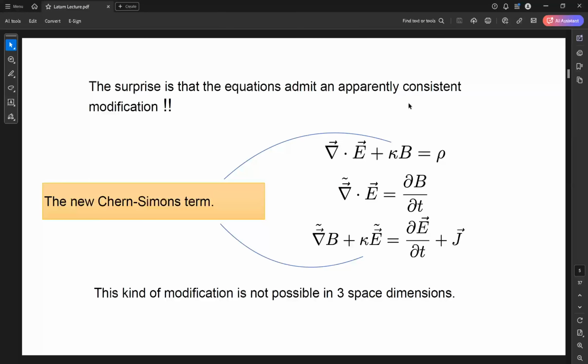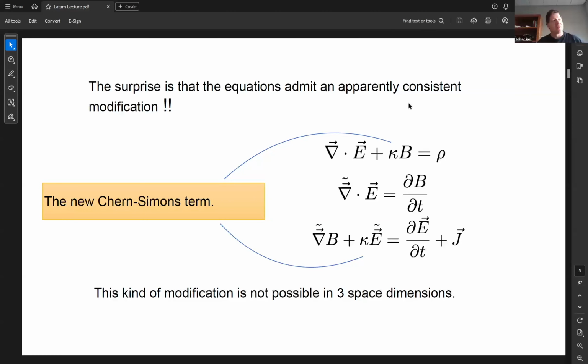Excuse me. Yes, sorry. Is that the most general modification you can add? Couldn't you add, for instance, some nonlinear terms in E or in the B fields, for instance? Yeah.